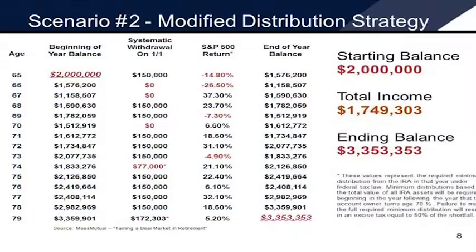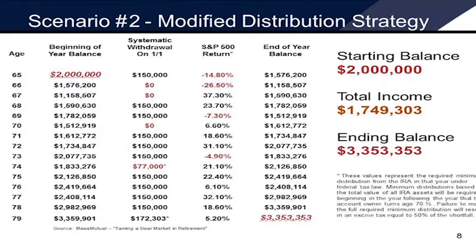Here in the second year, the year after the negative 14, we don't withdraw the $150,000. And again, after the negative 26 in the second year, we don't withdraw. In the fourth year or the fifth year, at age 70, we don't withdraw after the negative 7.